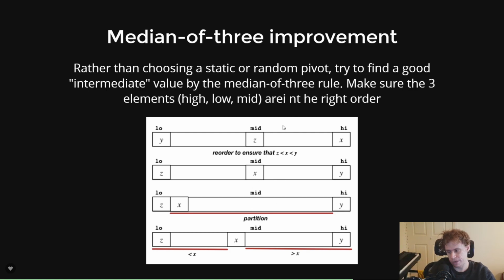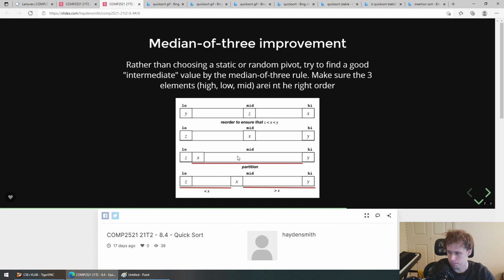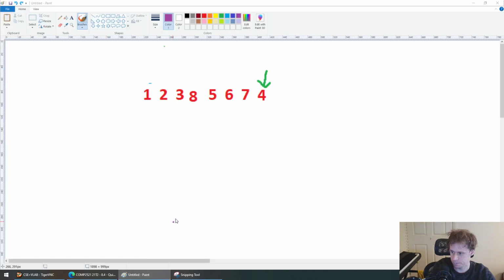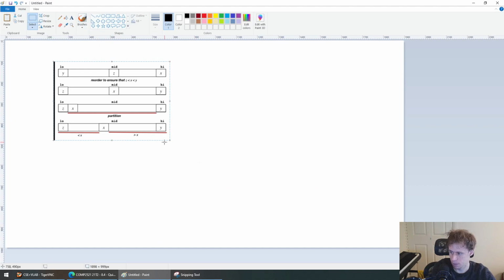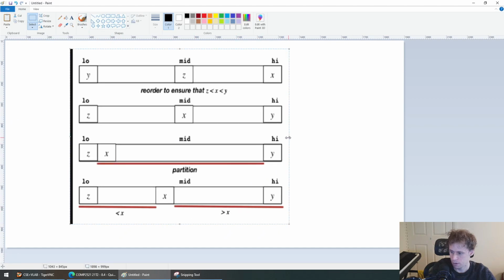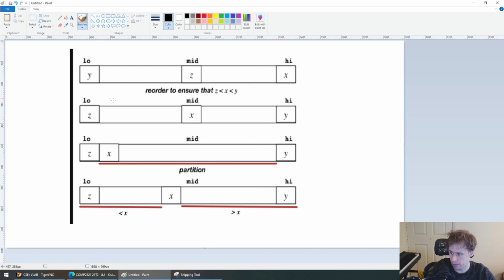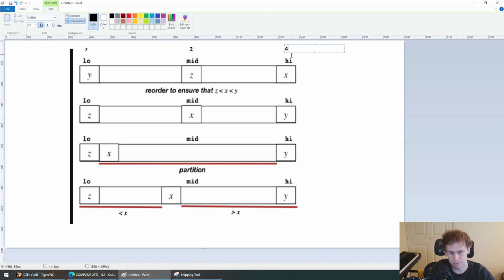Now what the median of 3 does as well is, it's quite interesting to think about. If I take this, you can then be like, all right, well, if I know that Z is less than X and Y is greater than X, because these are just random numbers. Let's assume for a second that low was 7 and Z was 2 and high was 4.